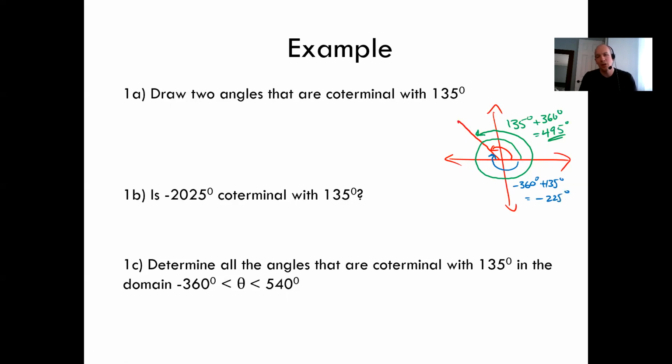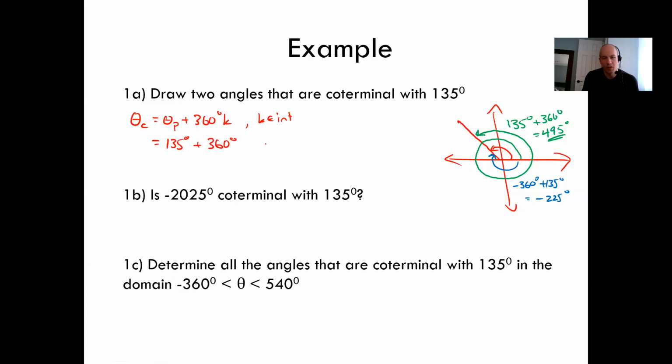So if you're wondering, how do I get these, just as a formula without doing all this thinking here, we could always use the formula where we say a coterminal angle is the principal angle plus 360 degrees times k, where k belongs to the integers. So we're taking 135 degrees and then adding 360.